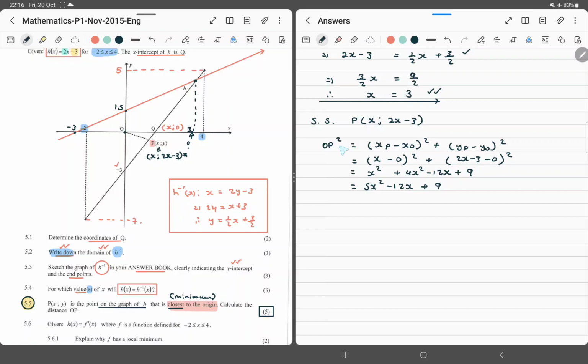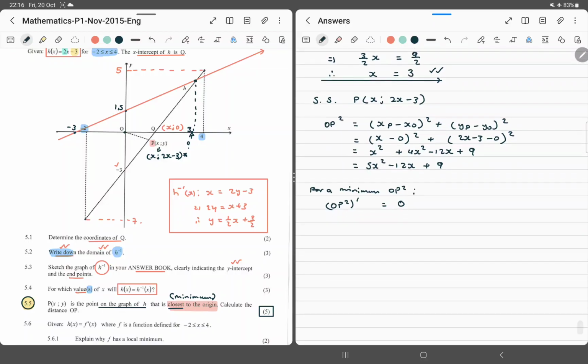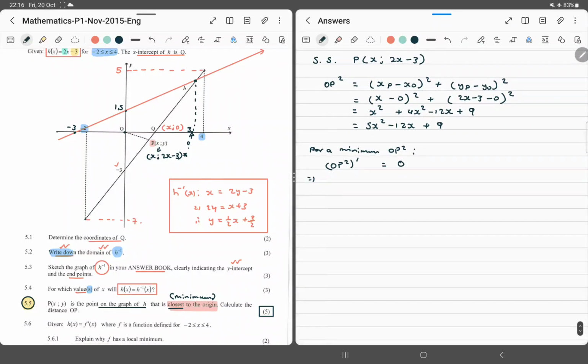Now remember, this is the distance OP squared. So we know that for a minimum OP squared, it is such that the derivative of OP squared must be equal to 0, right? Now we do the derivative of that expression, it's going to be 10x minus 12 equals 0.